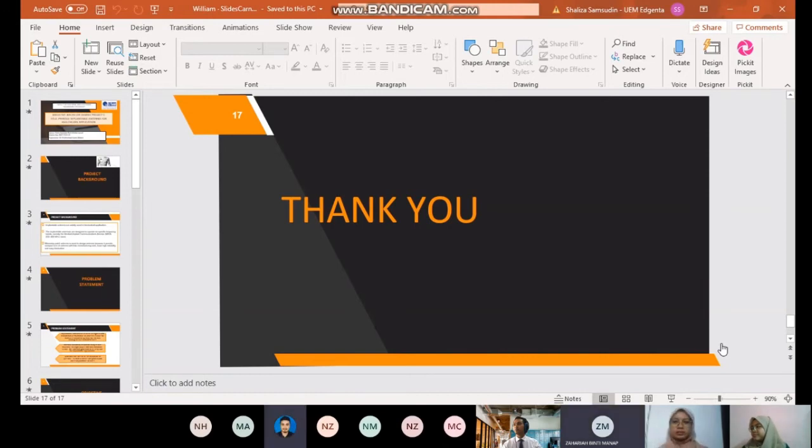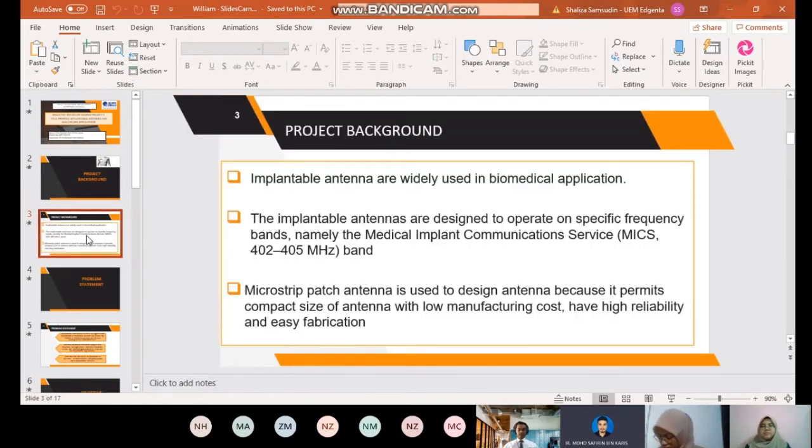Thank you for the presentation, Fatin. For me, it is too early to comment on what is going to be later. But for now, I think if possible, because you are going to design a microstrip patch antenna, right?